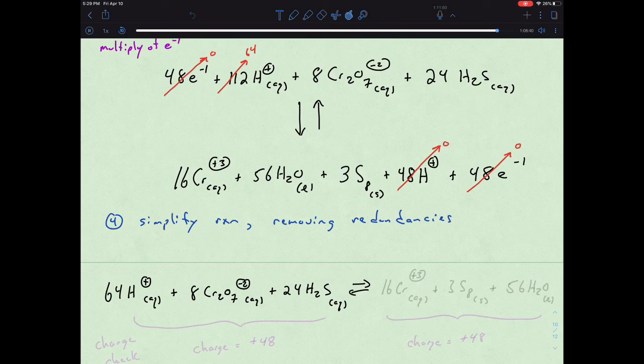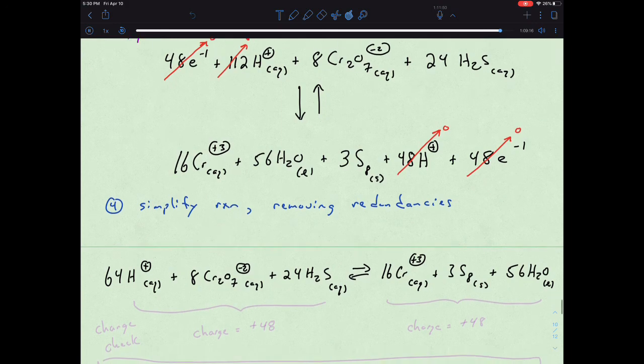And those are our starting materials, and that would then be producing our 16 chromiums that are all in the +3 state, our 3 S8s, and our 56 H2Os. This can't be simplified any further, since not everything is divisible by 3.